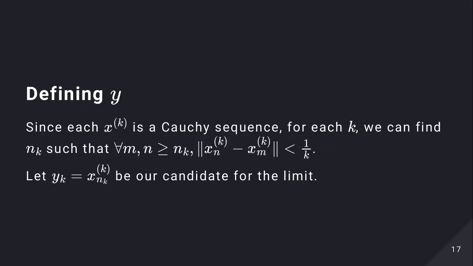To define our limit, or at least candidate limit, we basically use the fact that we have a sequence of Cauchy sequences. Since each x_k here is a Cauchy sequence, for each k we can find some n_k such that for all m, n above n_k, the distance between x_k,n and x_k,m, both elements of the kth sequence, is smaller than 1 over k.